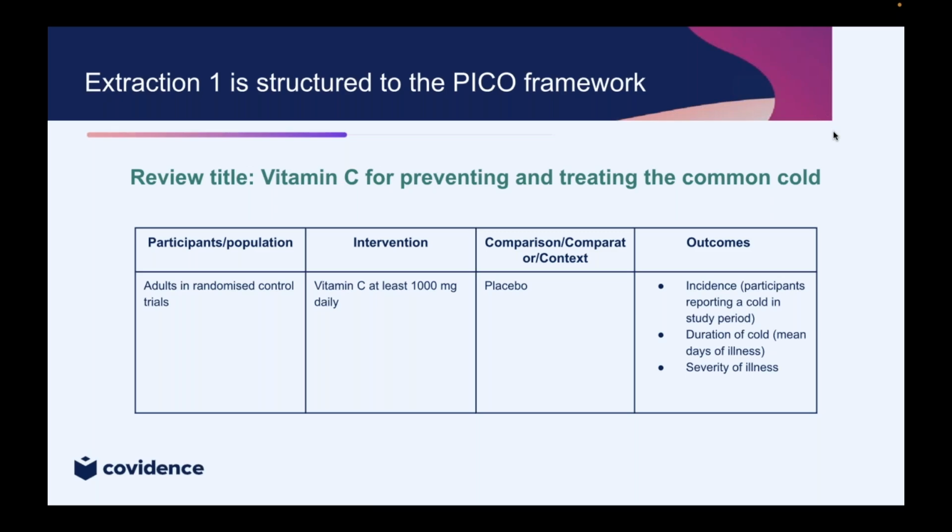And finally are the outcomes, the measures used to assess the effectiveness of the treatment. It's particularly important to select outcomes that matter to the end users of the review. In this example, our outcomes are the numbers of colds, which are the participants reporting a cold in a study period, duration of cold, usually mean days of illness, and severity of illness reported by a severity score.